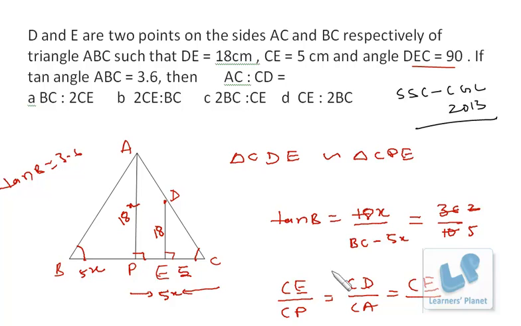So since BC is equal to 10x, CP will be BC by 2, right? So CD by CA is 2CE by BC. So AC by CD will be BC by 2CE, right? BC by 2CE.